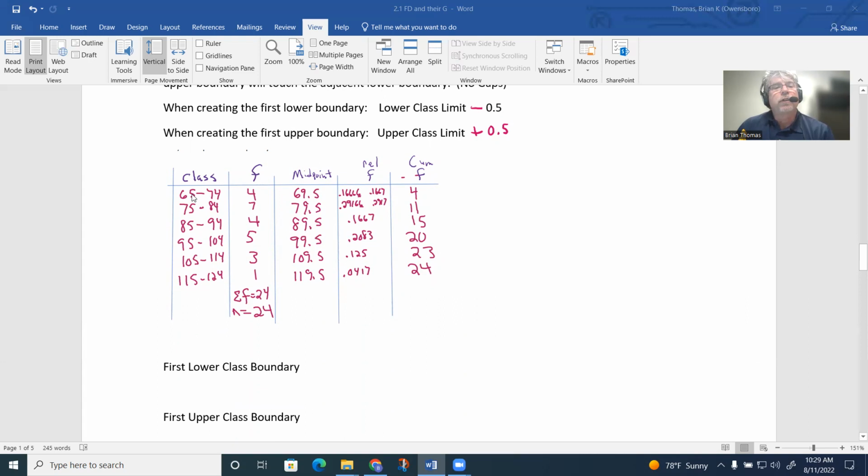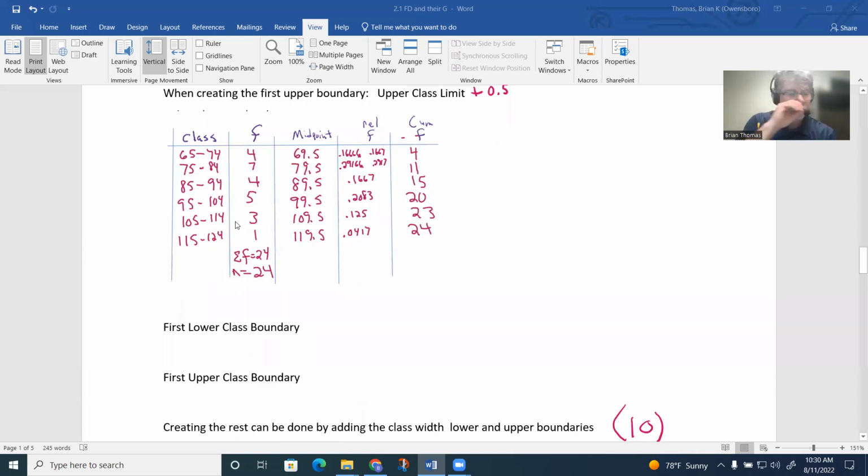Remember, these were the class limits. The first class was 65 to 74. In creating the first lower class boundary, we have the 65 and we subtract 0.5 from that, so we drop down to 64.5.